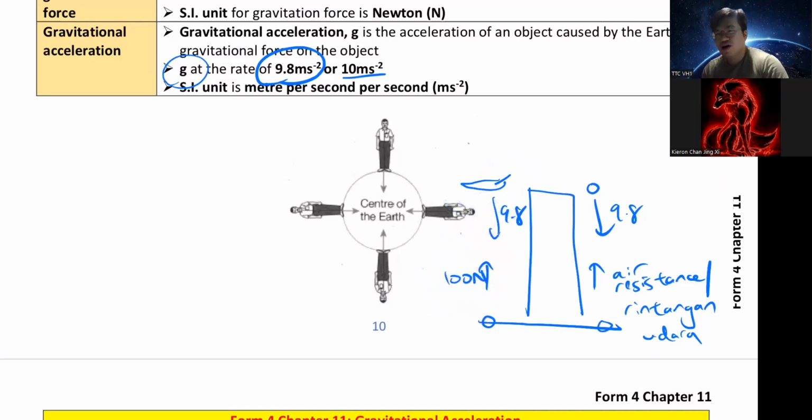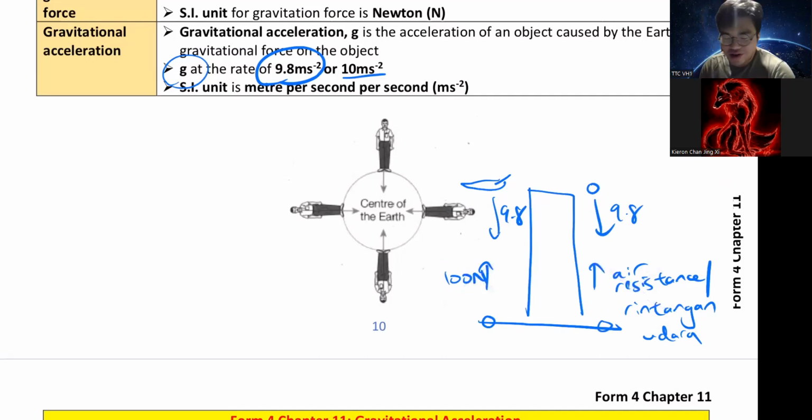So how do we prove Newton is right? How do we prove that both will reach the ground at the same time? The easiest way to prove Newton is right is to take the air away.